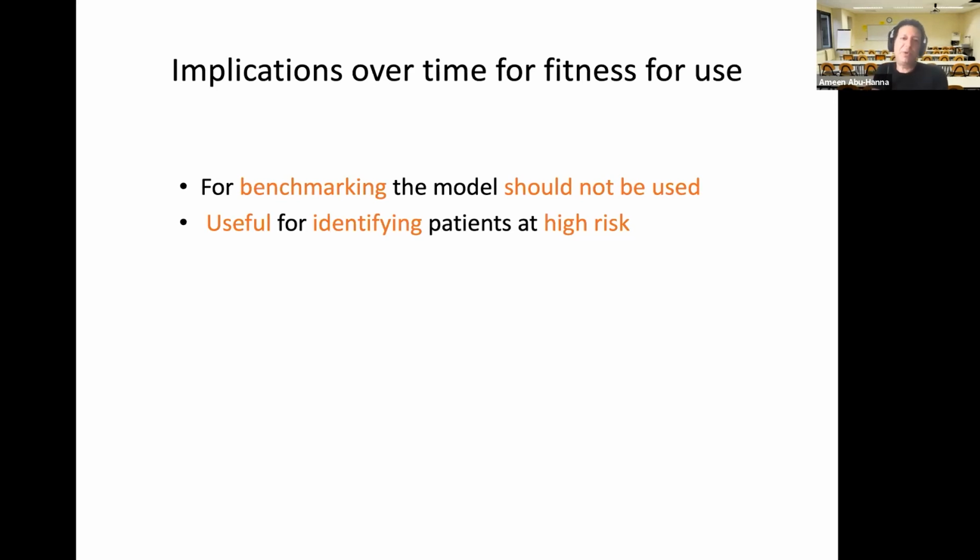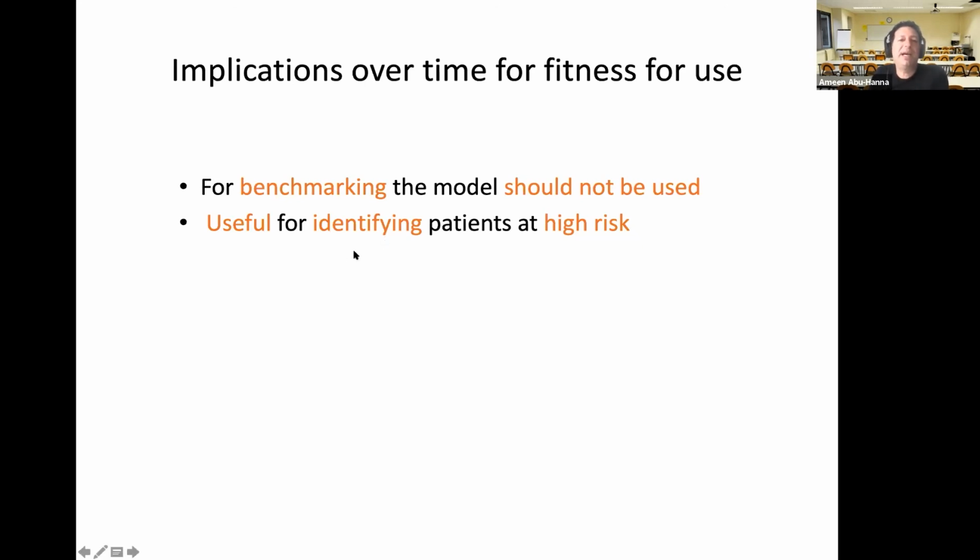You have a prediction model telling you, give me your patient population, and for your population I expect so much mortality, but you have more than expected. That's a little bit the idea. So for benchmarking, I would not use this model, because the Brier score has an important component of calibration and it's not stable, so I wouldn't use it.